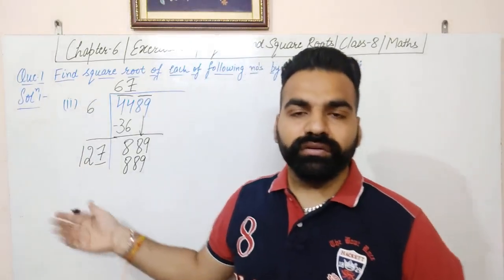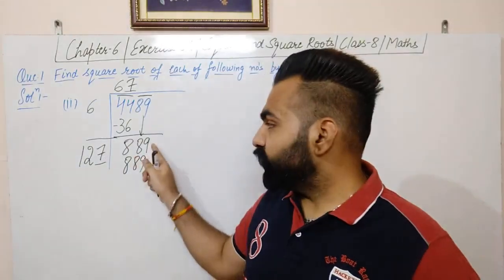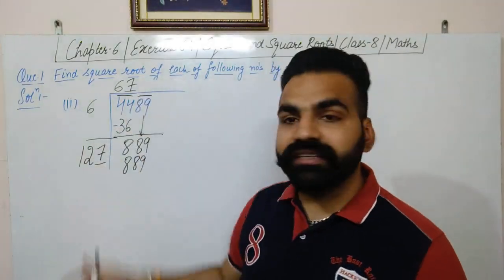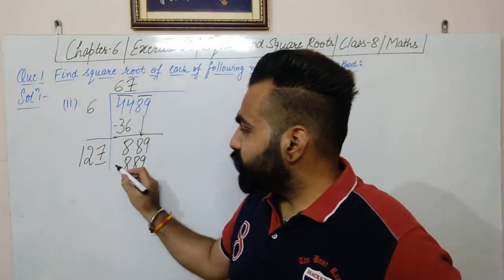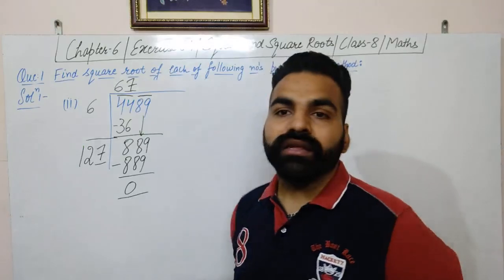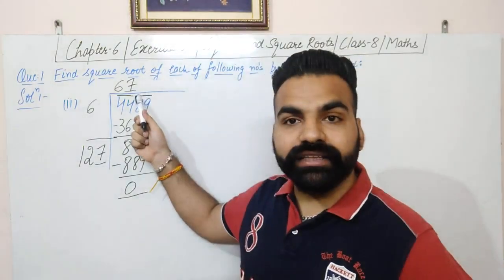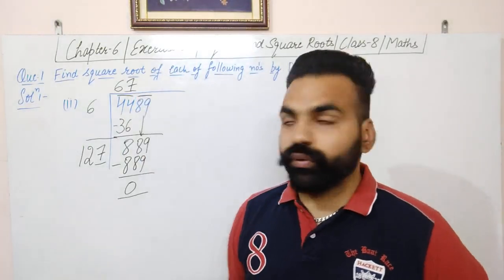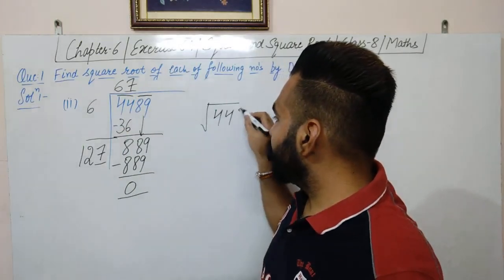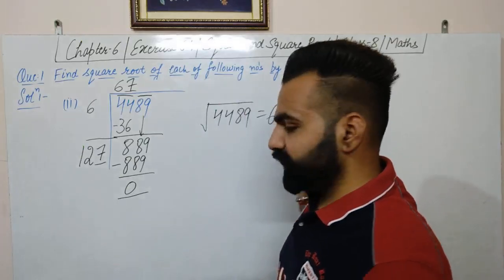We will keep on putting digits here. The moment the product is equal to the given number, we will stop there and write the digit in these two blanks. Next step is to subtract, and finally the remainder is 0. And whenever the remainder is 0, the quotient at that moment will be the square root of the given number. So the square root of 4489 will be equal to 67.